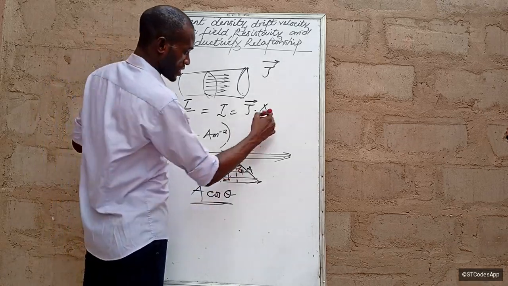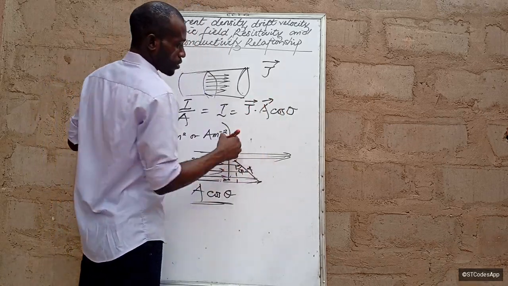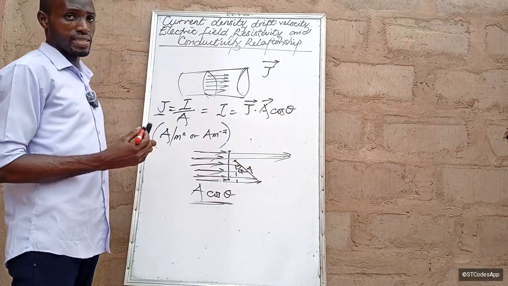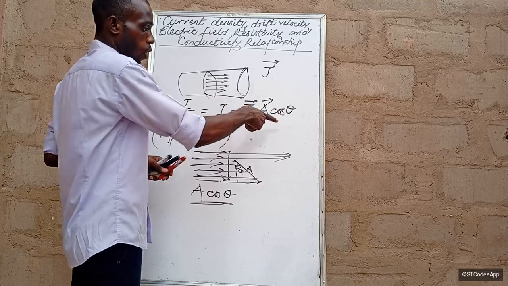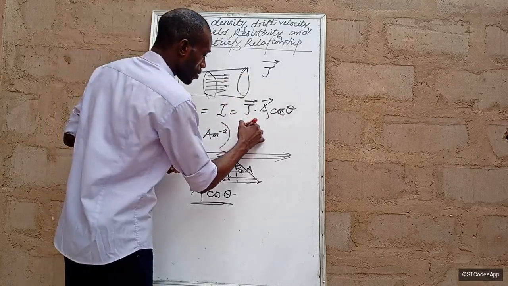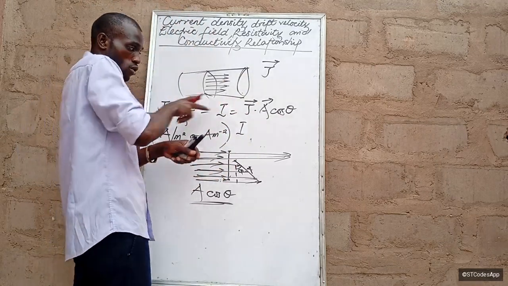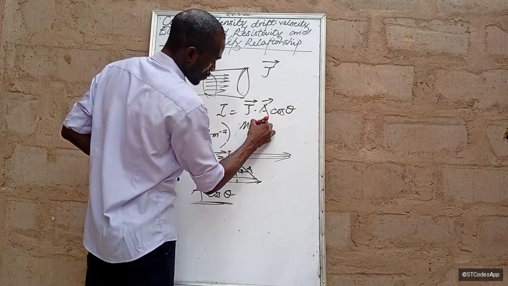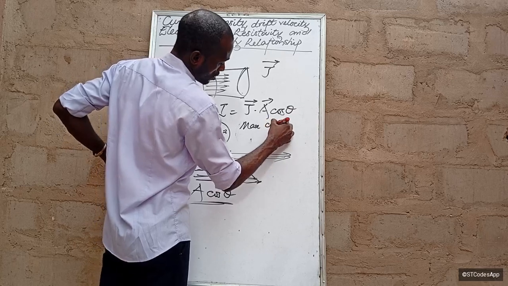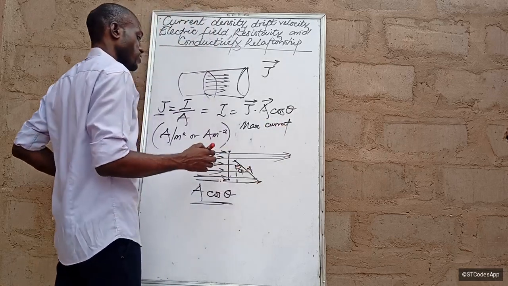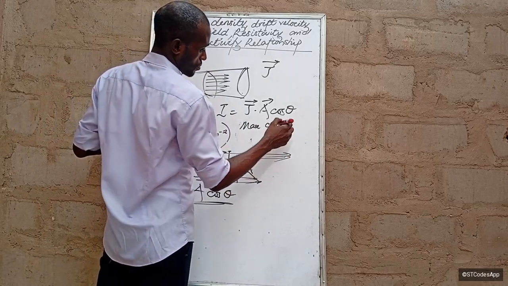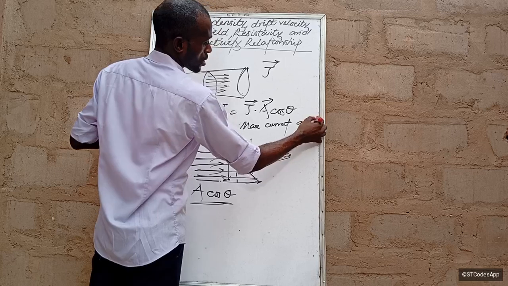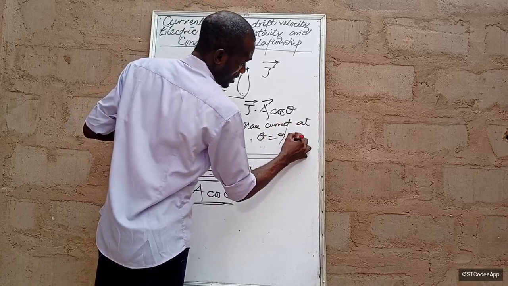And A vector in this place gives cos theta, where if theta is 90 degrees, then it means that it is 1. That's maximum. So maximum current will flow through the cross-section at theta equals 90 degrees.